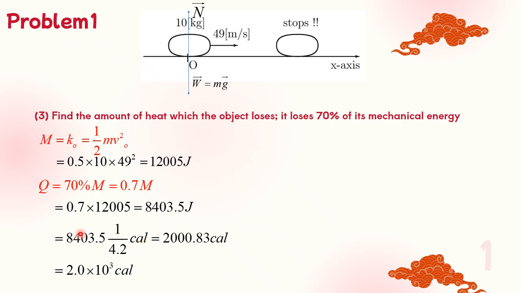We divide here, and we have 2000.83 calories. As we write on the paper, we need to write 2.0 multiplied by 10 to the power of 3 calories, two significant figures.